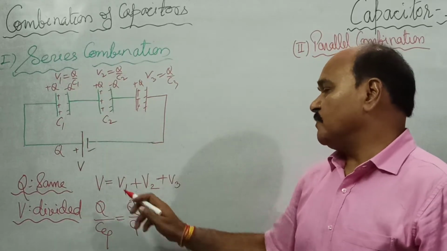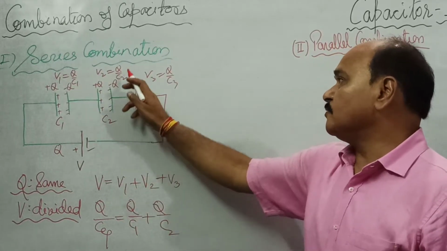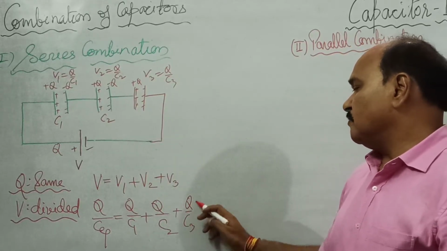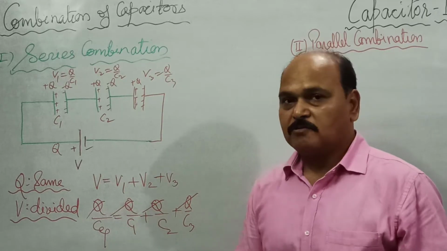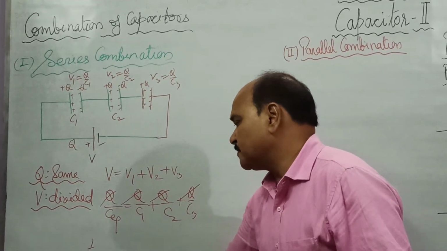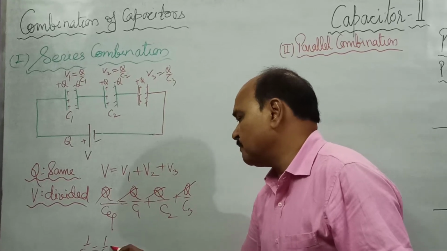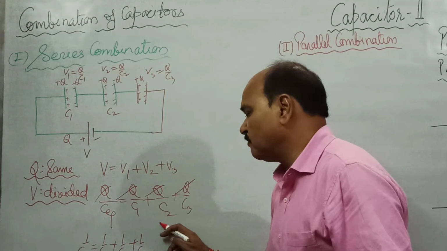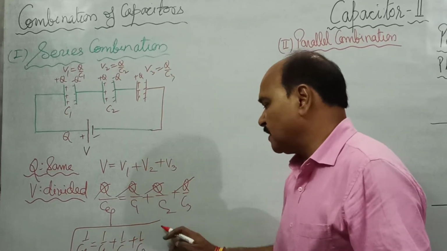What is V1? V1 is Q upon C1. What is V2? Q upon C2. And what is V3? Q upon C3. You can see that Q comes out common and cancels out. So what is C equivalent? The equivalent capacitance for capacitors connected in series is what? 1 upon C equivalent is 1 upon C1 plus 1 upon C2 plus 1 upon C3. This is the equivalent capacitance for three capacitors connected in series.